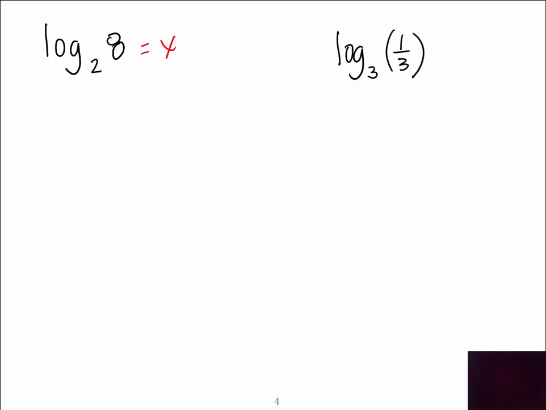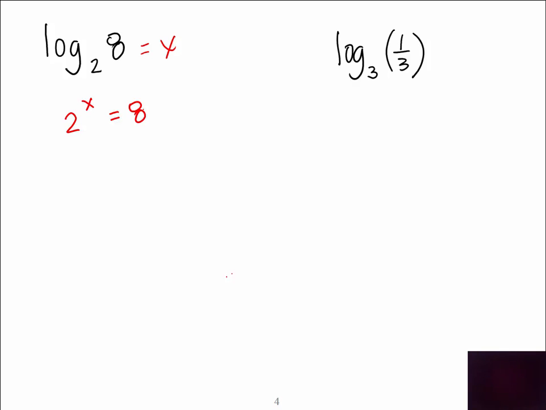Now that it's an equation, we can use what we know about exponentials and logs and rewrite this. The base of the log is the base of the exponent. The number that it's set equal to is your exponent, and then what you're taking the log of is what it's equal to. So now we can look at this.